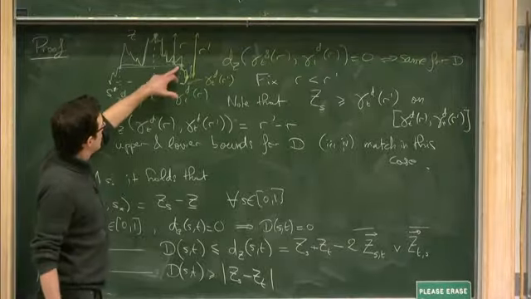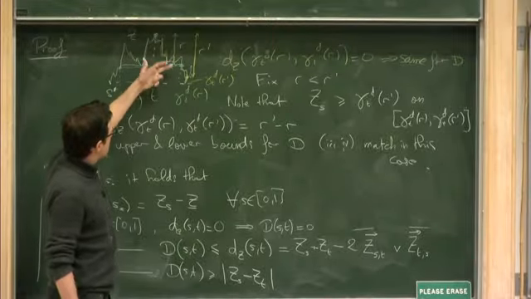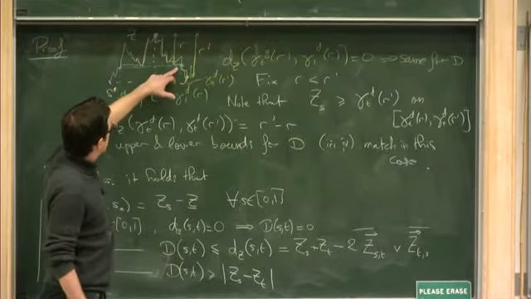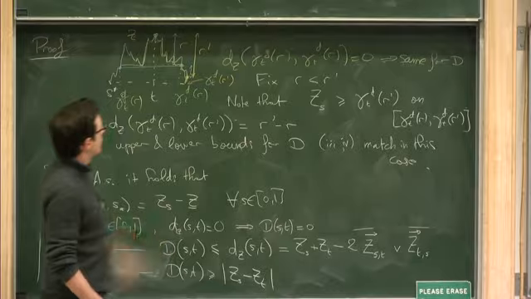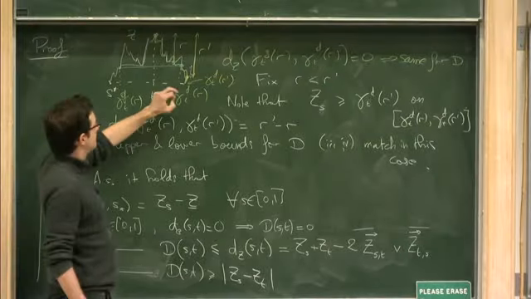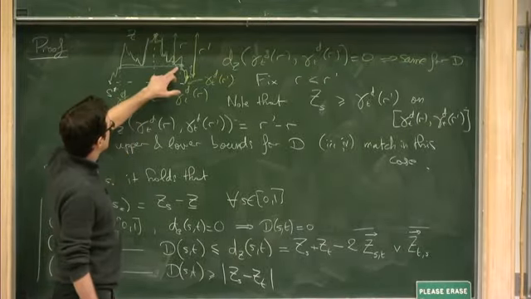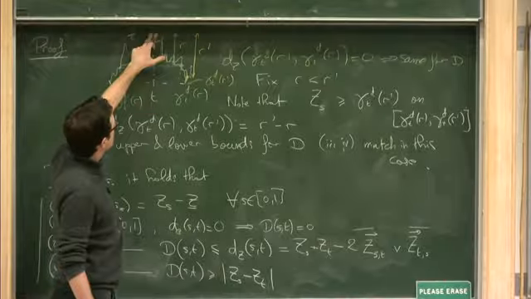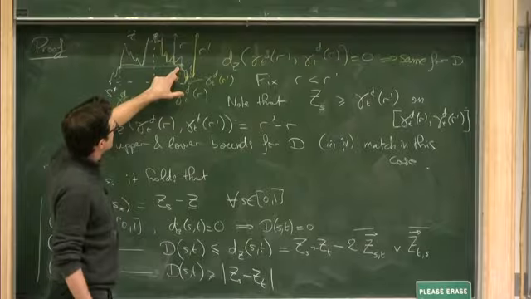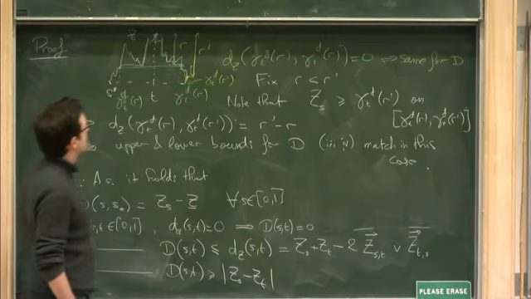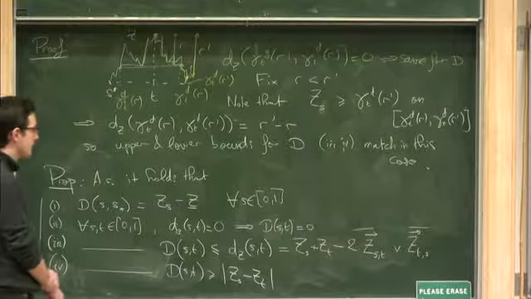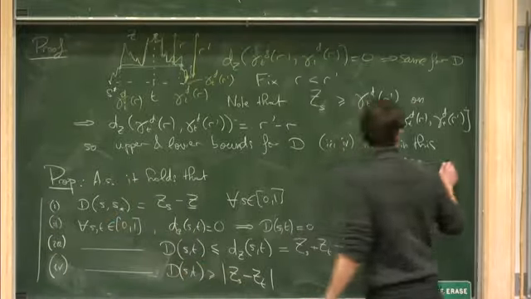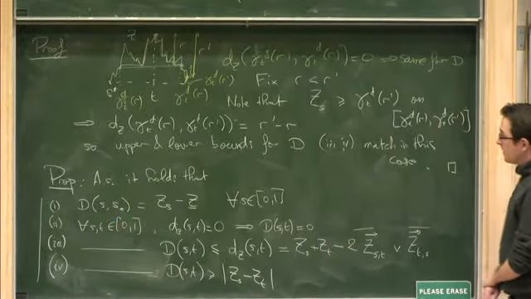Because the value achieved at that time is Z of this time minus Z of t, and at this time you achieve the value Z of t minus R, so the Z of t disappears.